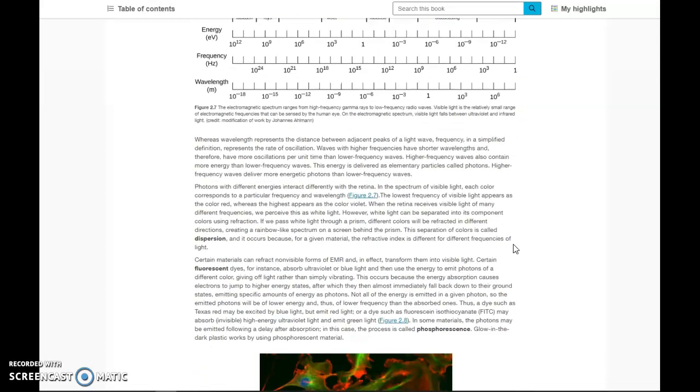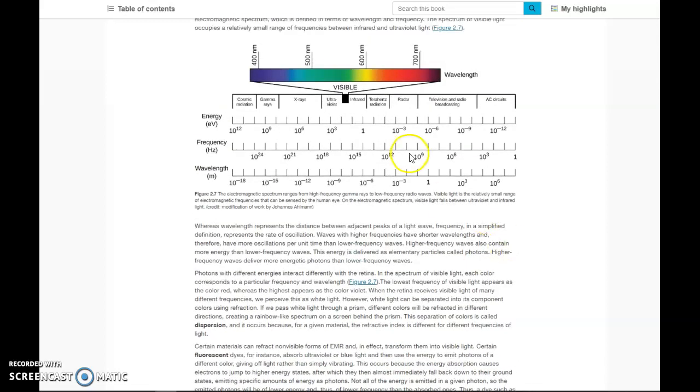Now, visible light is part of the electromagnetic spectrum, kind of stuck right in between ultraviolet and infrared light. And so when we are using microscopes, again, like I mentioned, we're using light microscopes, and we're referring to this visible light.